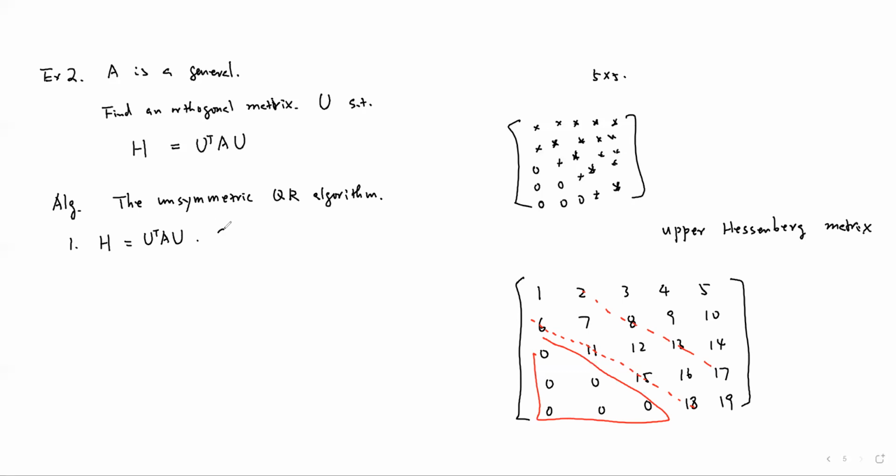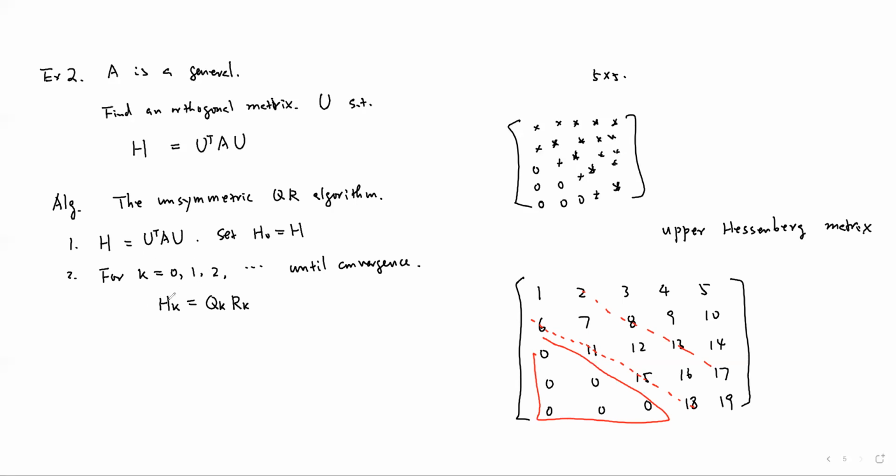Now set H0 to be H. Then perform a for loop until convergence. In the k-th iteration, we have Hk. Perform QR factorization on Hk.